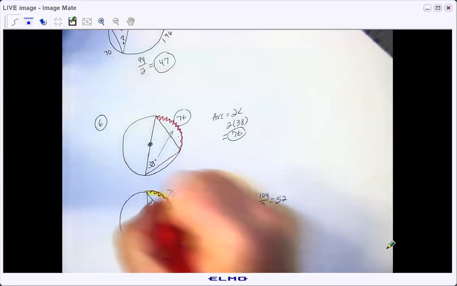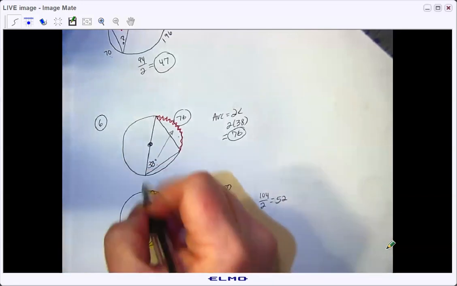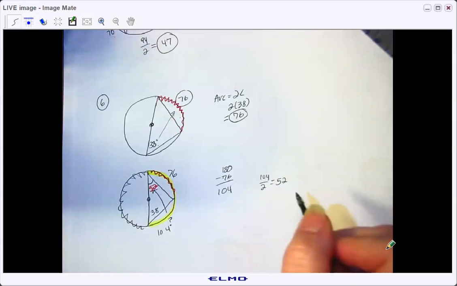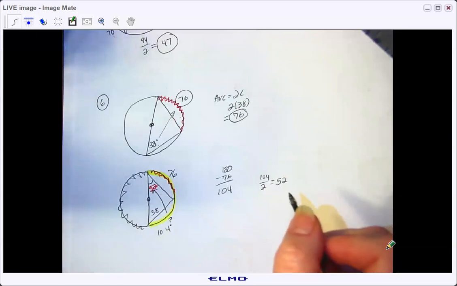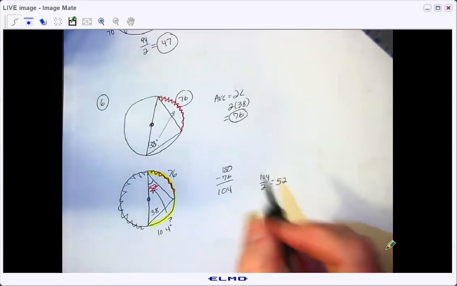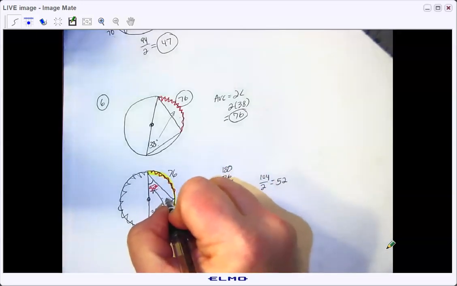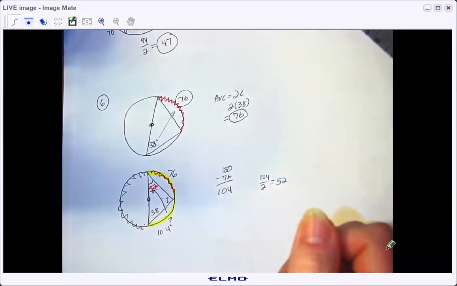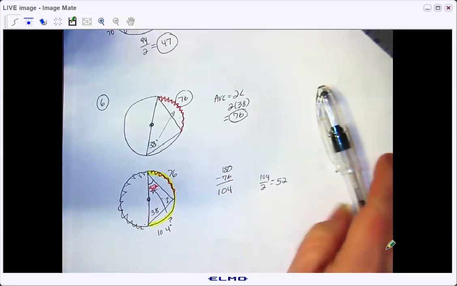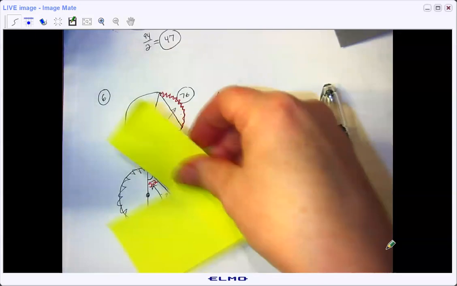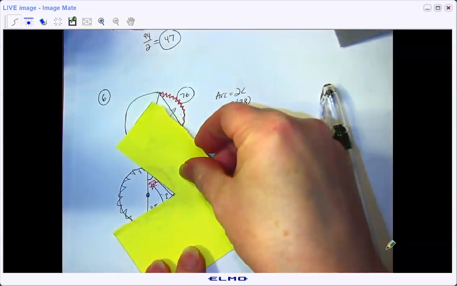And just really quick, how big is this arc over here? Anybody? 180. Oh, sorry. 180. And then, so what would that make this angle in here? Remember, that's my matching arc.